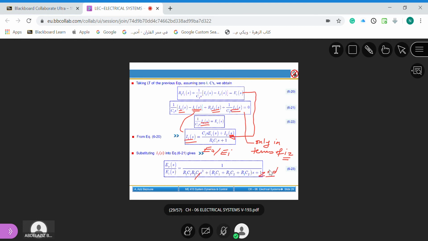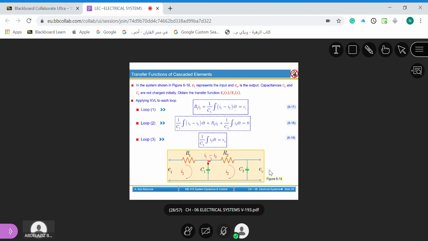And it tells you that you have two resistors, R1 and R2, and two capacitors, C1 and C2. We don't have any inductor here, only capacitors and resistors. If you go back to your drawing, you will see that we have a resistor here, a capacitor here, and a capacitor here.